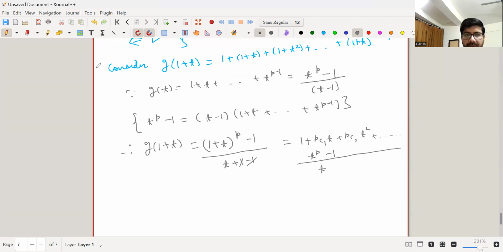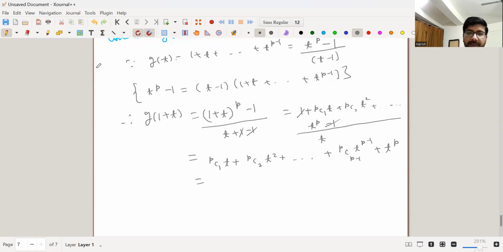So this minus 1 will be cancelled out with this. You will have pC1 + pC2 t + and so on up to pC(p-1) t^(p-2), and then at the end you have t^(p-1).